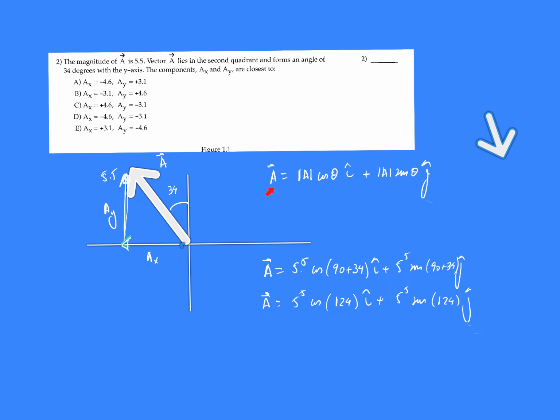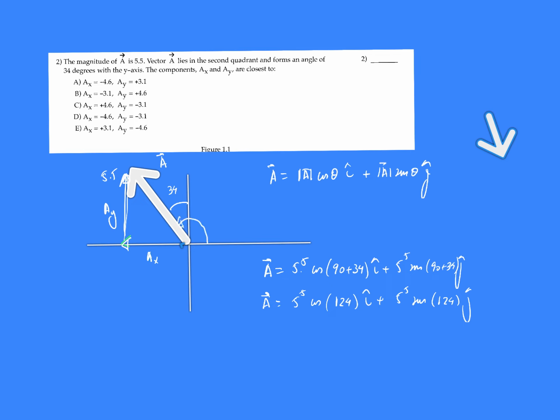The vector A is always the magnitude of A cosine of theta in the i direction plus the magnitude of A sine of theta in the j direction. But applying this formula, if you want to express a vector, you have to take into account that the angle is this angle.